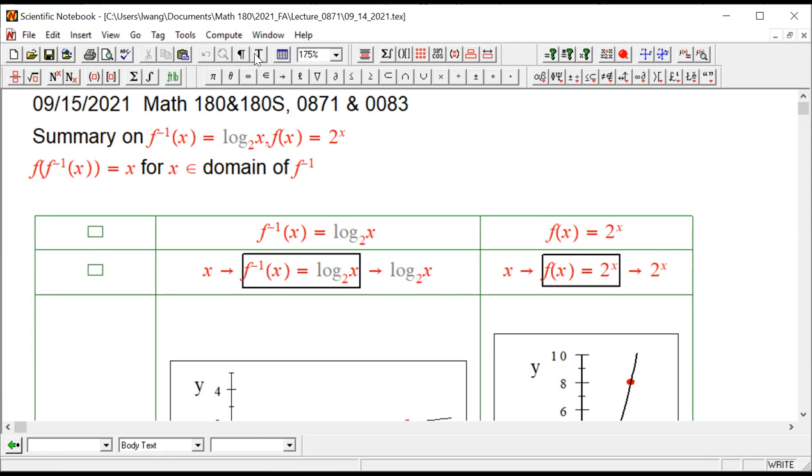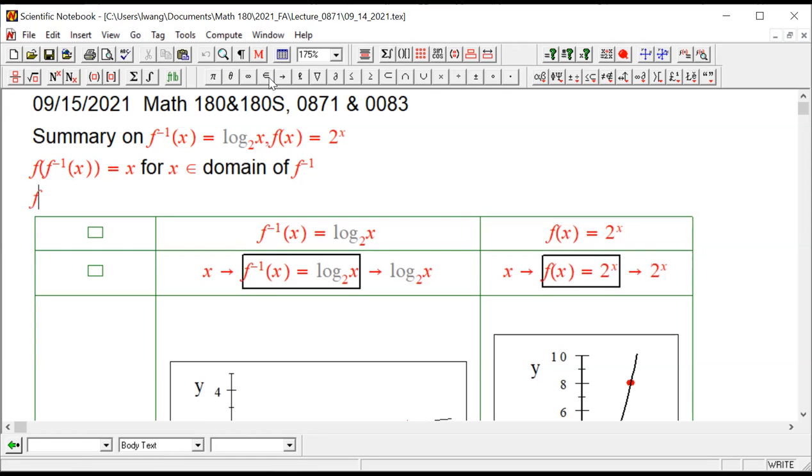Yeah? Okay. Now, f inverse of f of x is equal to x for x in the domain of what? f.